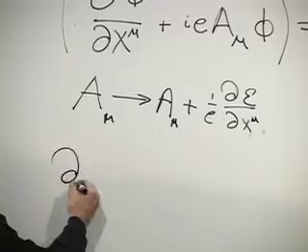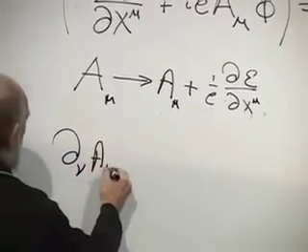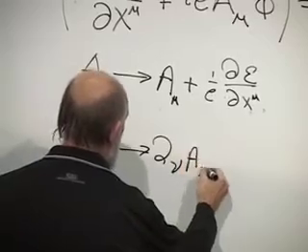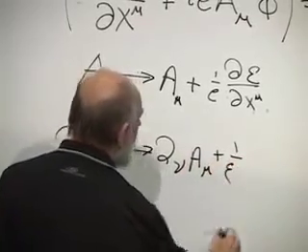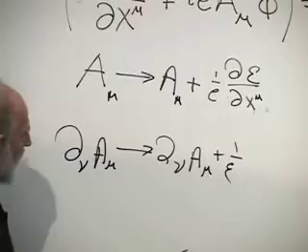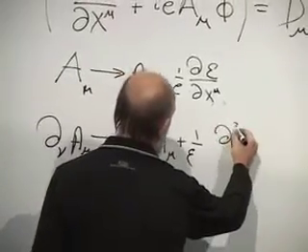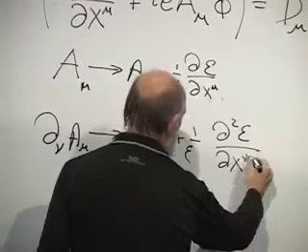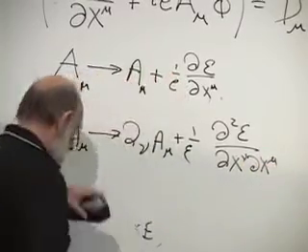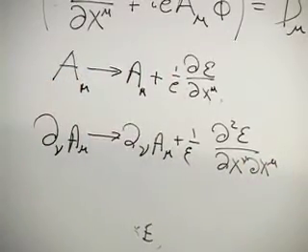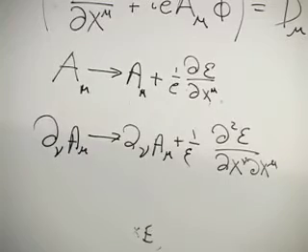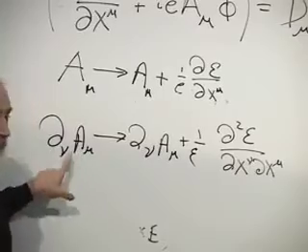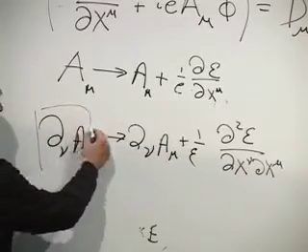What it does is it just goes to d_nu A_mu plus 1 over e, and then the second derivative of epsilon with respect to x^nu and with respect to x^mu. The second partial derivative with respect to nu and mu. This is the change that happens when you do a gauge transformation to this particular combination.